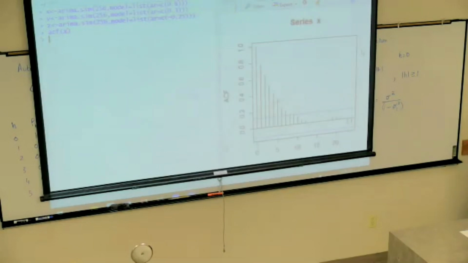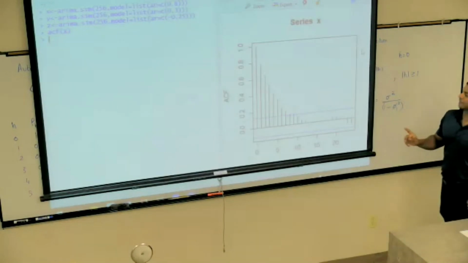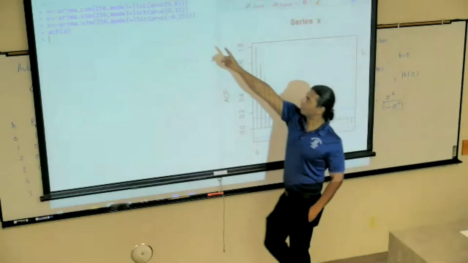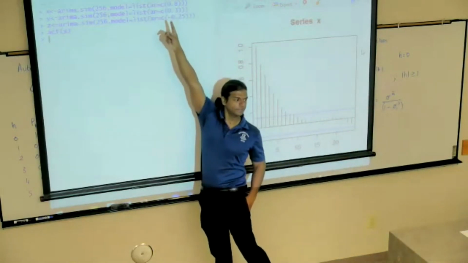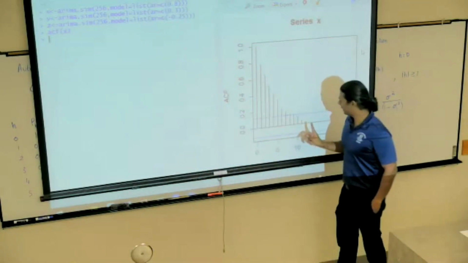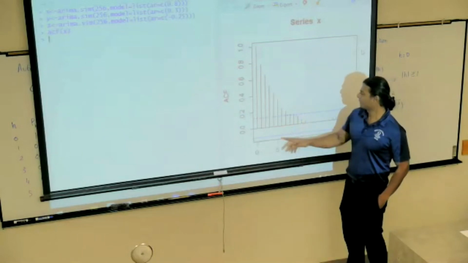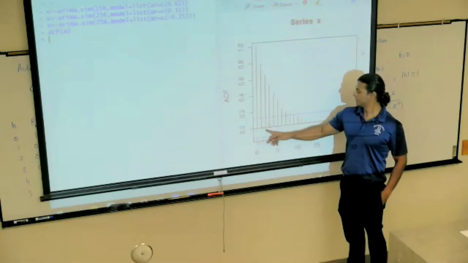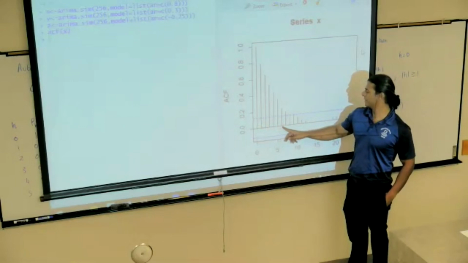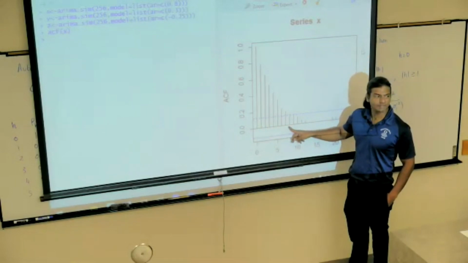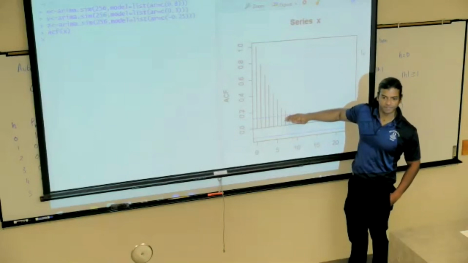So that is the autocorrelation function for the first one. You can see, if you count the peaks, 0, 1, 2, 3, 4, 5, 6, 7, right at 8 it starts going below the line of significance.